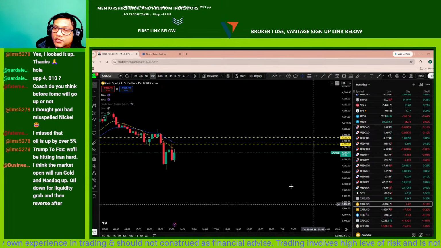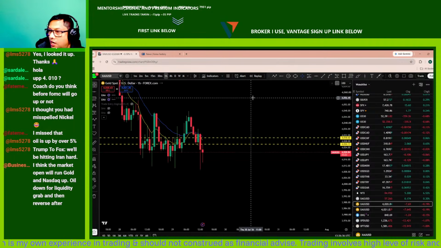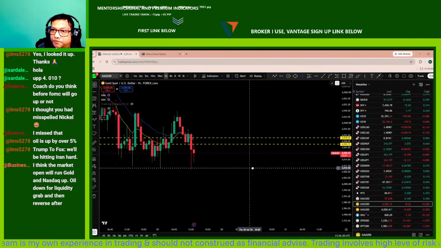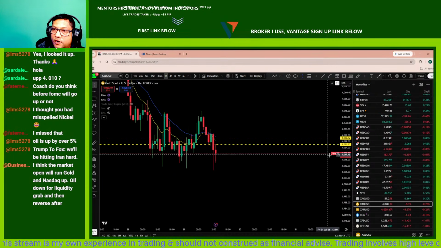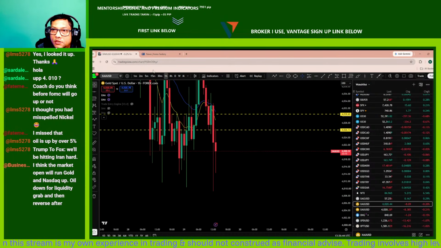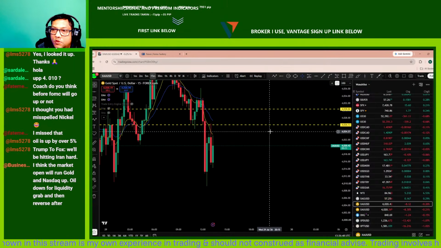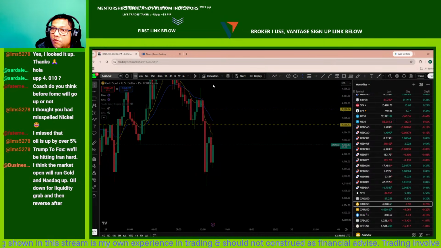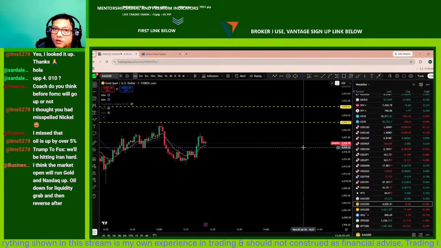I think the next candle on the 15 minutes can still show upside, and we still can go back to the 1 hour resistance, then come down back below, because this is currently in.